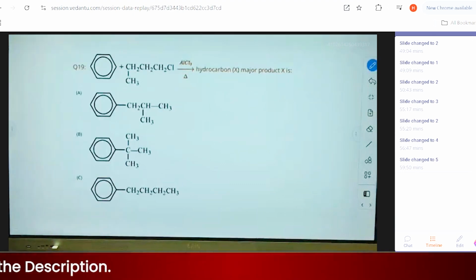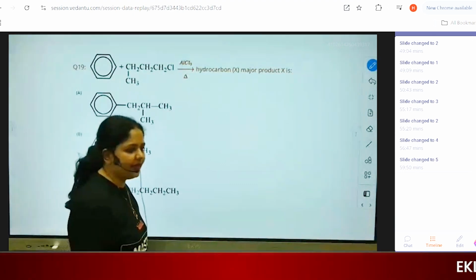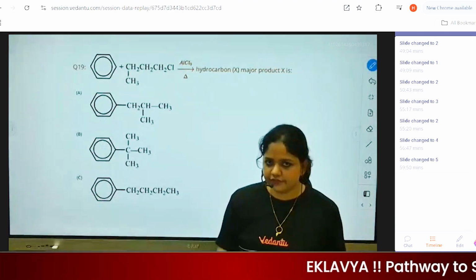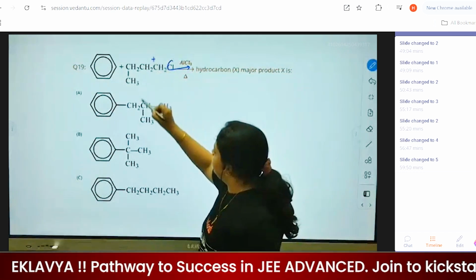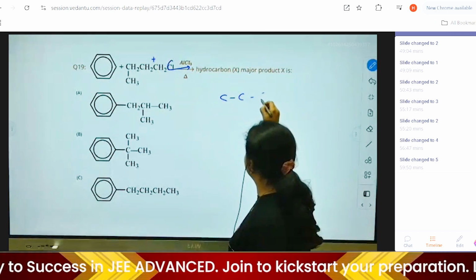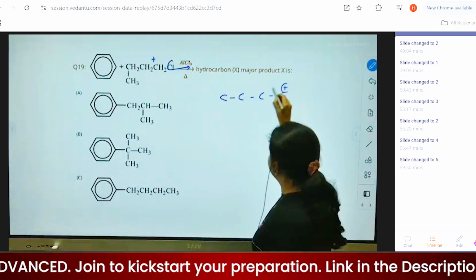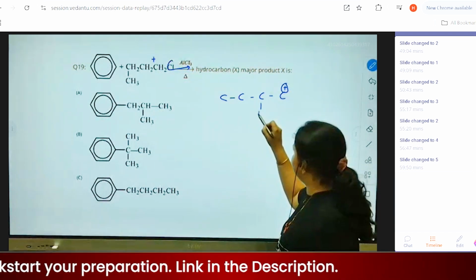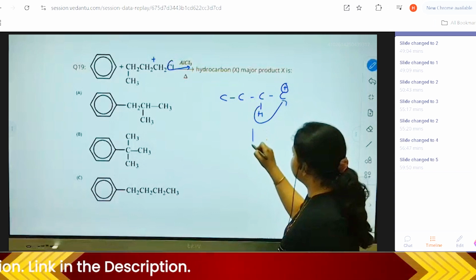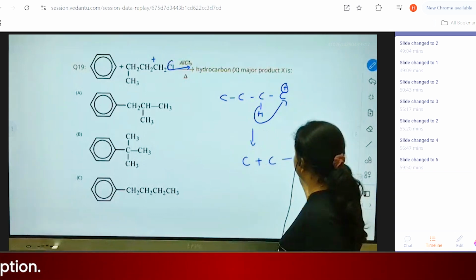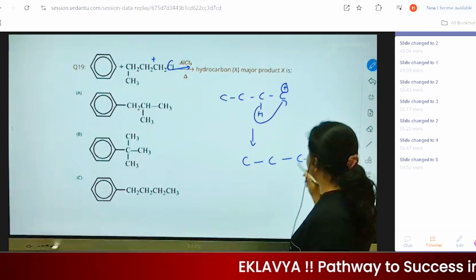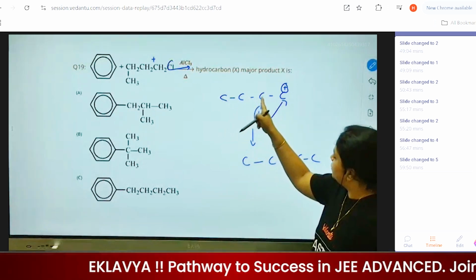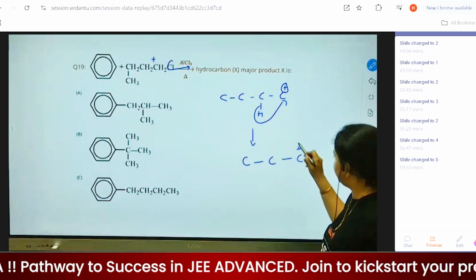Next, question number 19. So here I have to do Friedel-Crafts reaction, Friedel-Crafts alkylation. This will come and abstract this. There will be a positive charge formed. So here, there will be a hydride shift taking place from here to here, due to which this will give a secondary, hydride shifted, positive charge here.